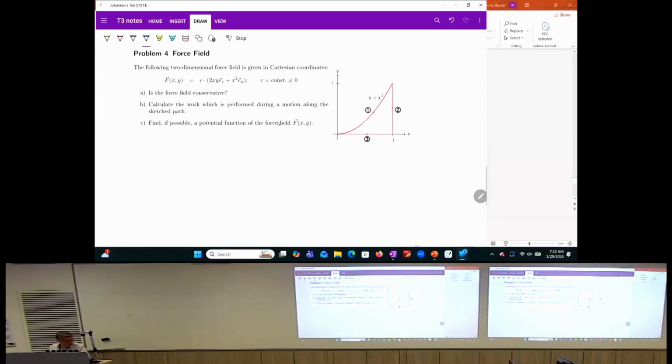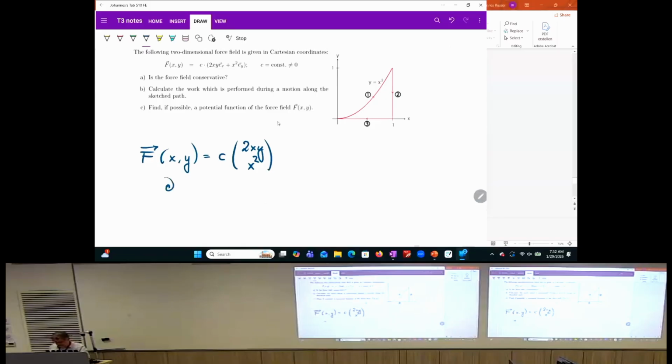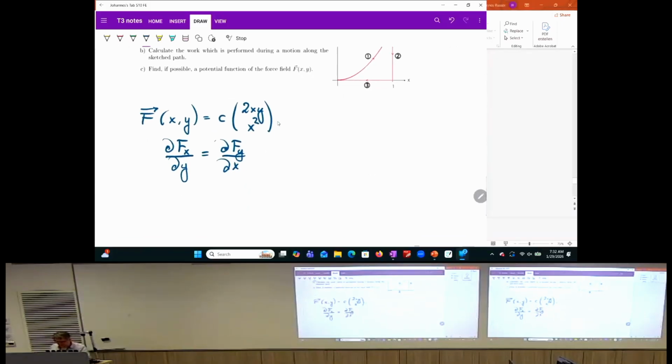Well, just plug it in. This is our force field, and we can write that alternatively as c times (2xy, x squared). So is the partial derivative of the x component of the force field with respect to y equal to the partial derivative of the y component with respect to x? Let's check that out.